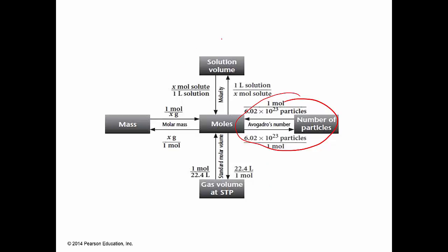Definitely where we're going to use it a lot more. In fact, in the lab we're going to do next week, you'll use this all the time. You're getting ready to go in the back right now and do some problems using molar mass. These are the 2 most important ones, using molarity and using molar mass. That's what you're going to see over and over and over again this year.